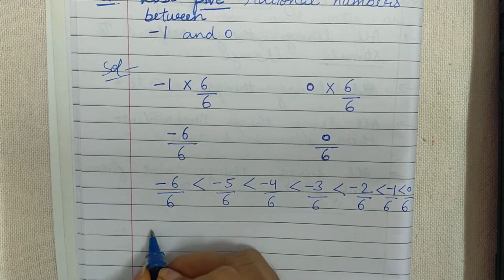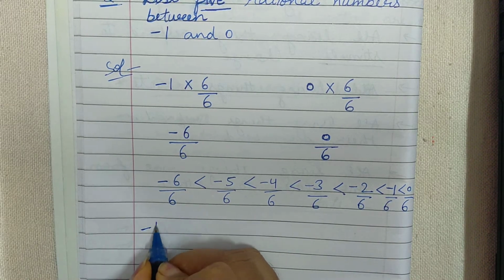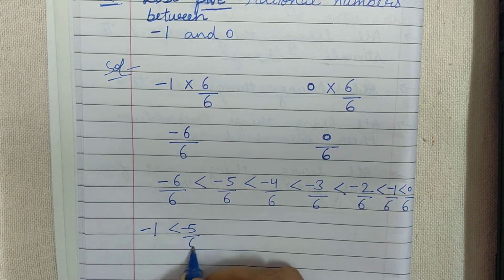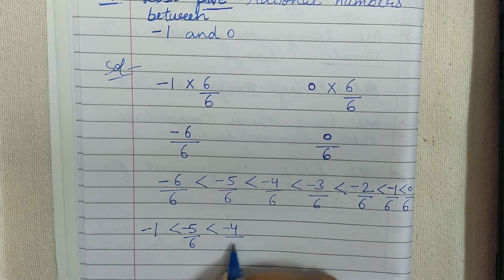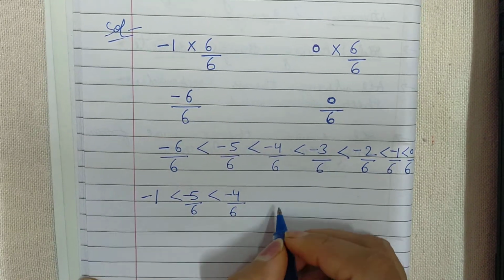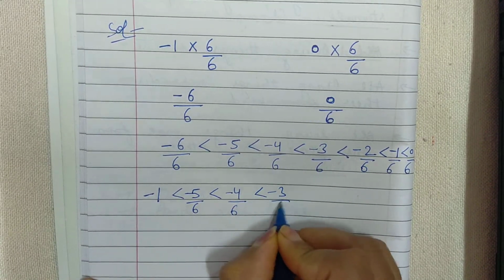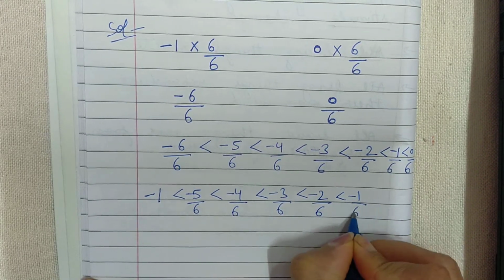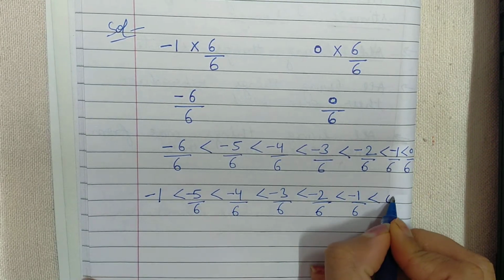Minus 6 upon 6 is minus 1, minus 5 upon 6, minus 4 upon 6, minus 3 upon 6, minus 2 upon 6, minus 1 upon 6, and then 0 upon 6 is 0.